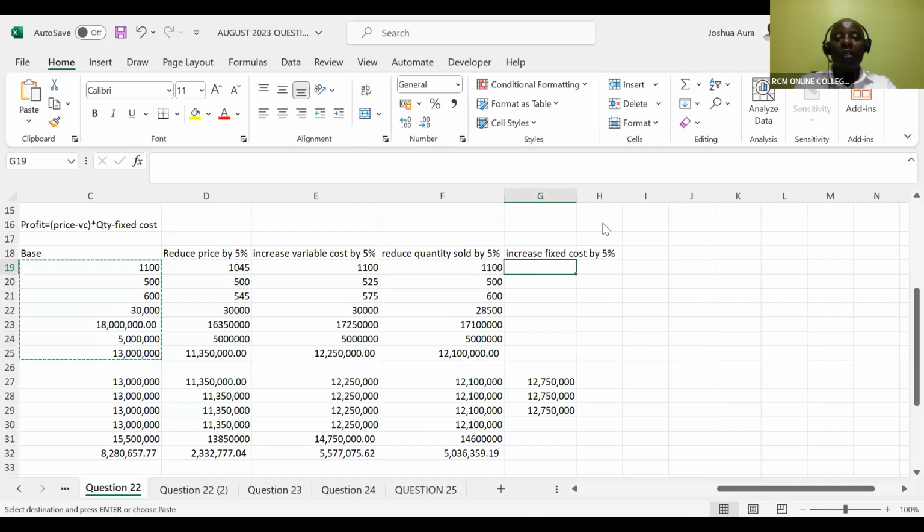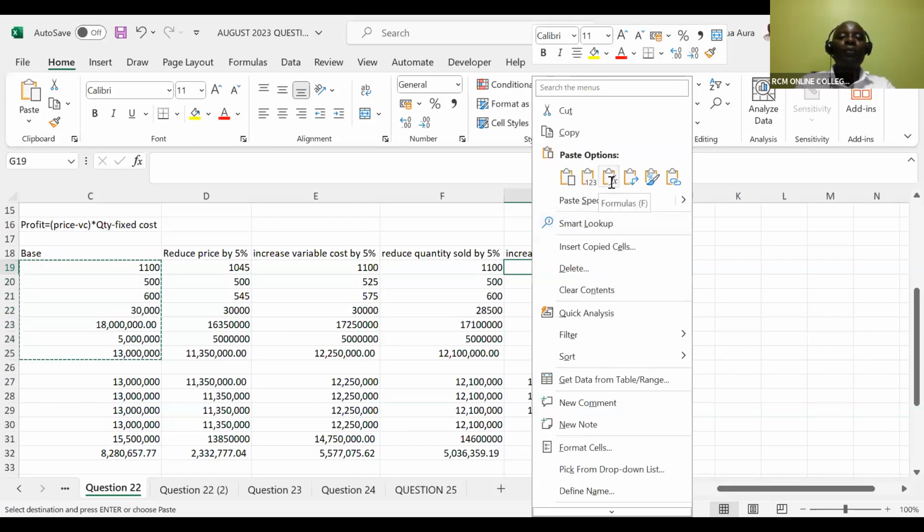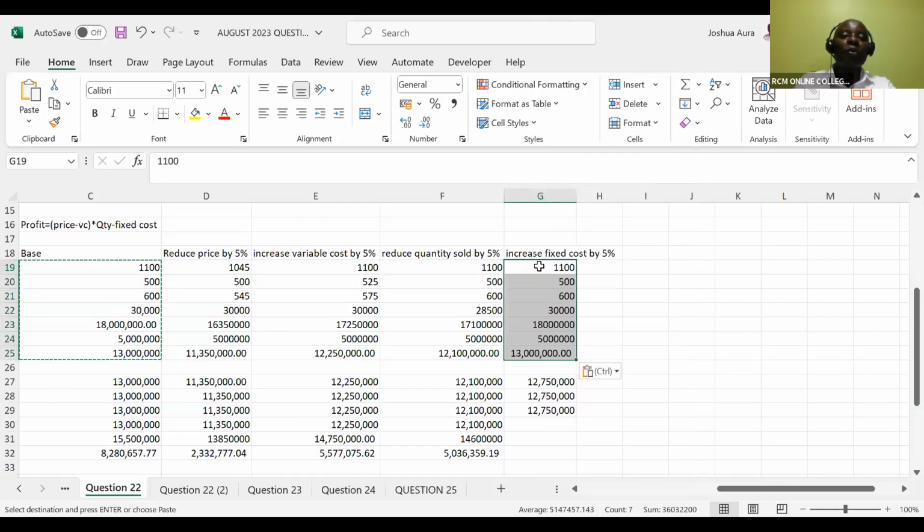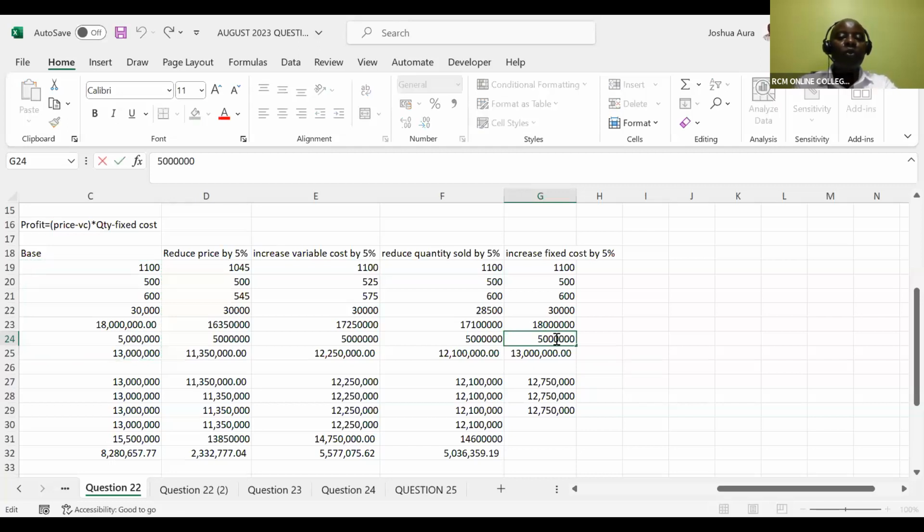Right click, this formula. And then now, because I'm only changing fixed cost by 5%, I came to this 5 million, the fixed cost figure. Made it live by saying F2. Then I said I'm increasing this by 5%. So times 1.05.